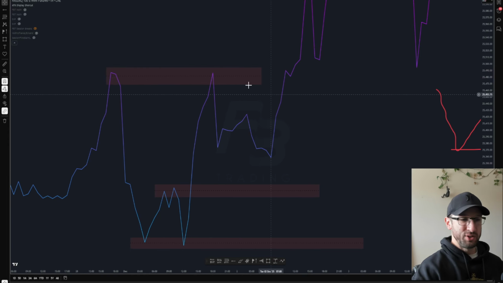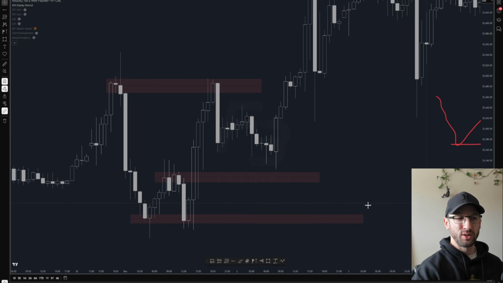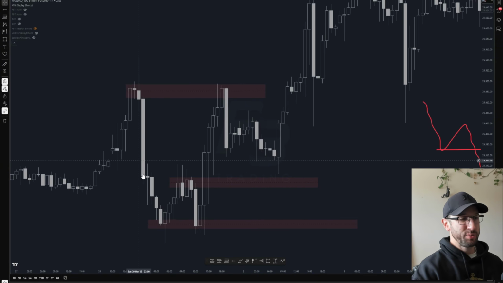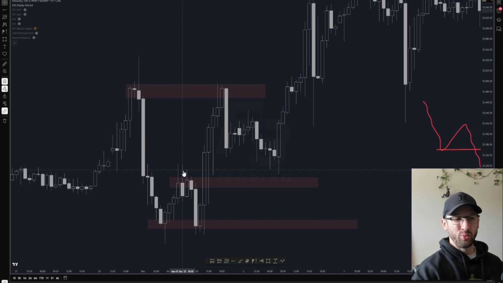But this is just based on a line chart. If I go to the regular candles, look what it looks like, right? Price pushes down, pulls back up, pushes down, pushes back up here aggressively. So this area that I marked out because of the line chart doesn't show the candle wicks.